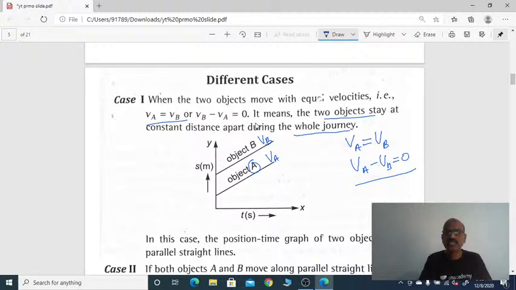That is why the graph between position and time always shows parallel straight lines. They maintain a constant distance, right? So this is case 1. If the two objects move with equal velocities, their position time graphs are parallel straight lines. They maintain the same distance.